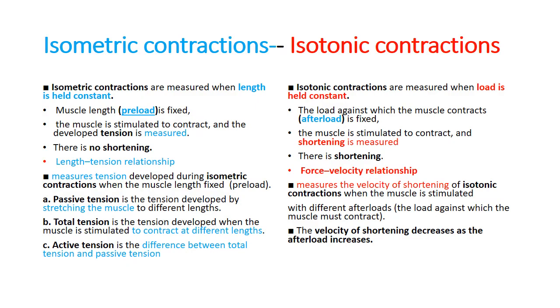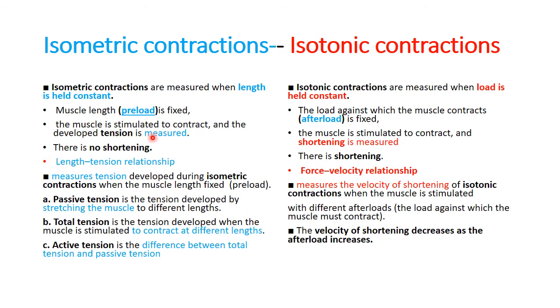So what is the basic difference? You must now learn in elaborate detail about isometric and isotonic contraction. In isometric contraction, as the name indicates, the muscle length is fixed. In isotonic contraction, the tone is fixed, tension is fixed.